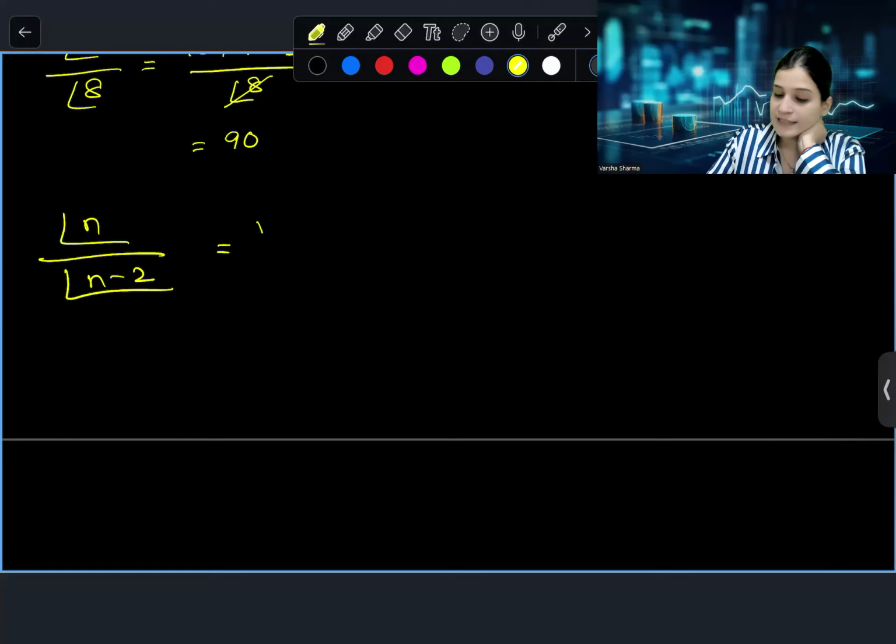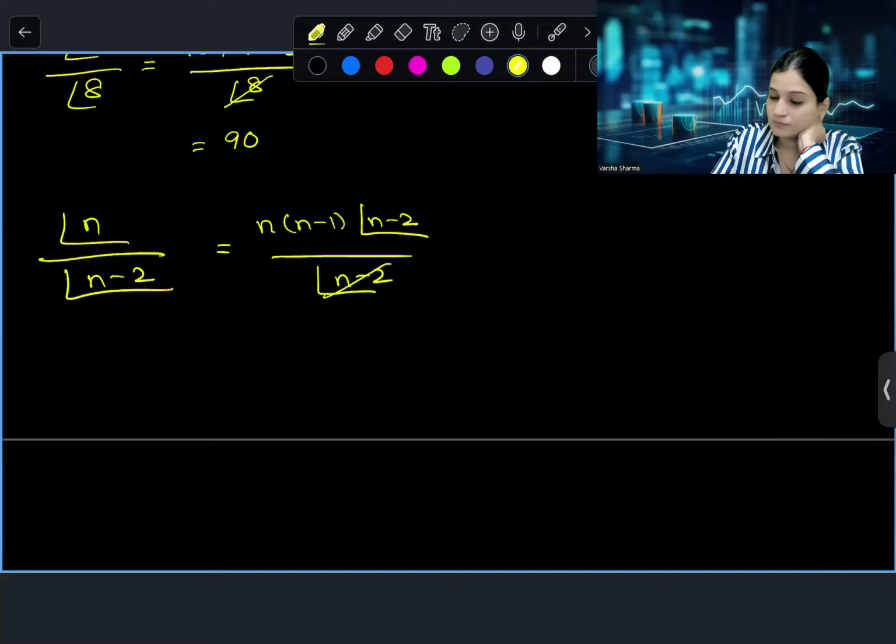First is n itself, then minus 1, then again minus 1. You get n minus 2. This is where I need to stop. And if this was given to be 60, then you can do trial and error. Am I clear?